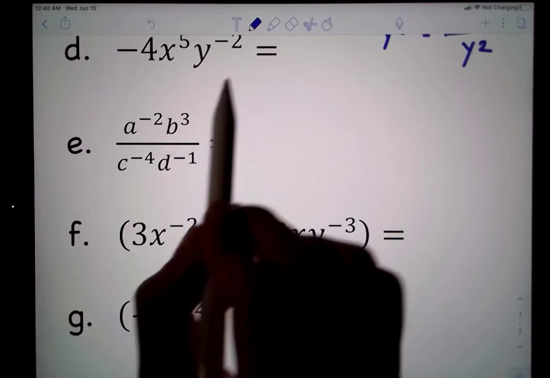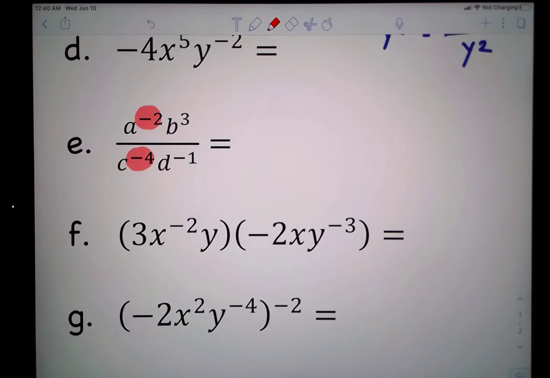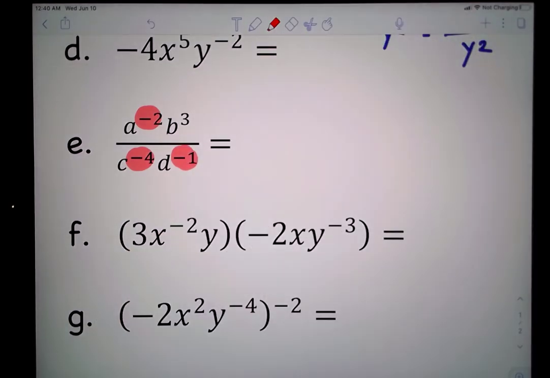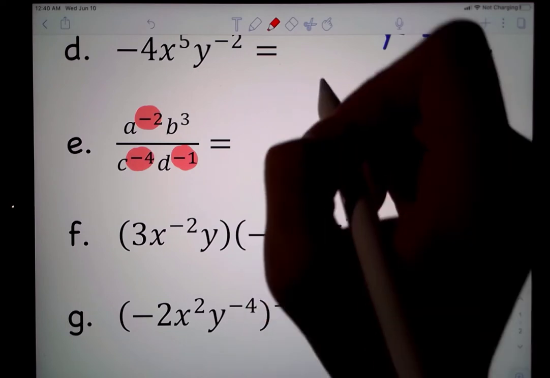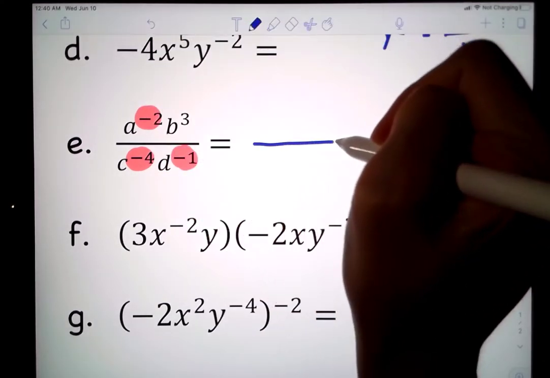Then E, do you see these 2 negative signs? We cannot simplify that. We can't, right? And oh, one more here. Once you get a negative sign, then we need to put it on the opposite. If that was on the numerator, then you need to put it on the denominator. If that was on the denominator, you need to put it on the numerator. So look at this one, guys.